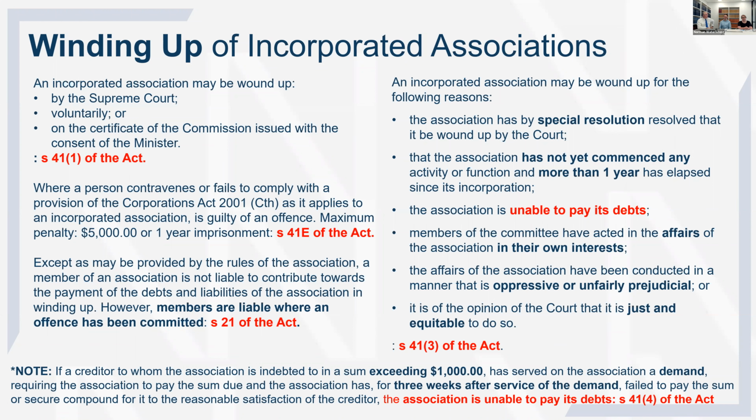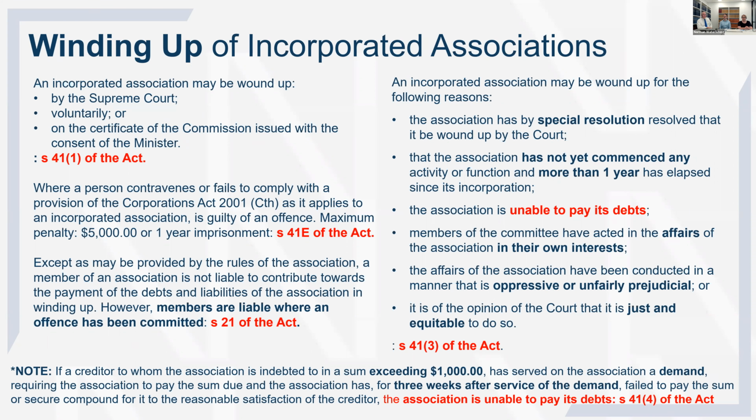Having said that, not only is that a way to wind up an incorporated association, which is when they're unable to pay their debts, there are other ways an incorporated association can be wound up, and that includes by way of a special resolution, if the association has not yet commenced any activity or function more than 1 year since its incorporation, if it's unable to pay its debts as I mentioned before, or if the members of the committee have acted in the affairs of the association in their own interests.